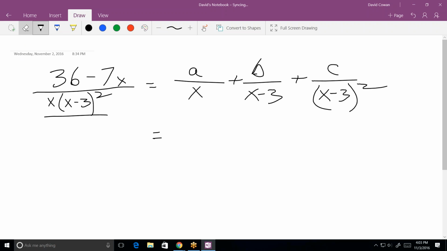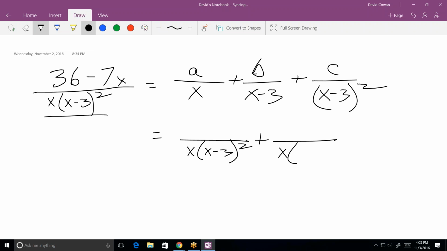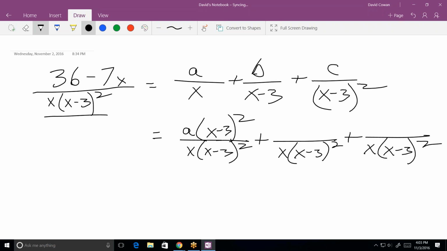If I'm adding these three terms, my common denominator is going to be this, which means this term here has to be a times (x minus 3) squared, because we can't change that fraction. Whatever we end up with has to equal a over x.